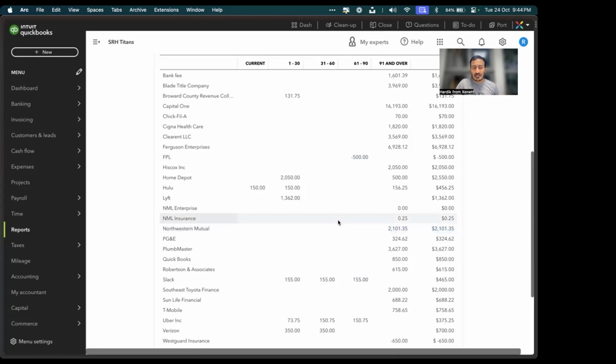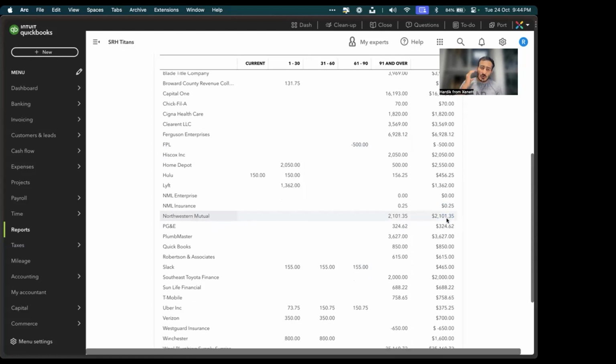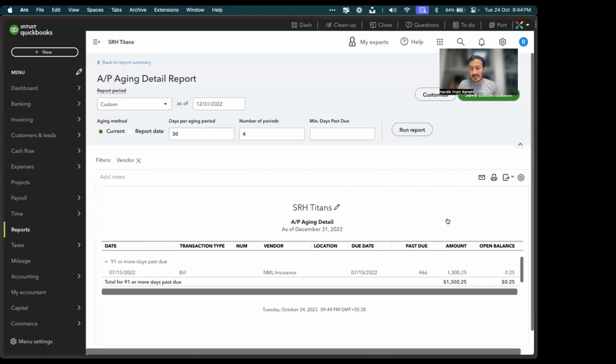So I have created an example here for this vendor. This particular vendor is showing a 0.25 balance outstanding. Now, what I have seen is that most times this balance shows up when, in this case, 1300.25 was the total outstanding, but we ended up rounding off the payment amount to 1300, right?